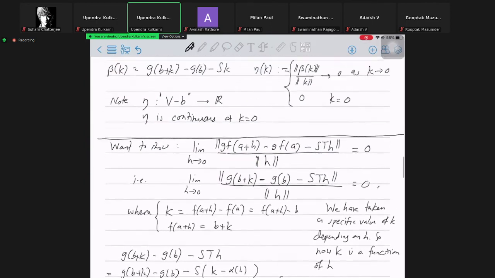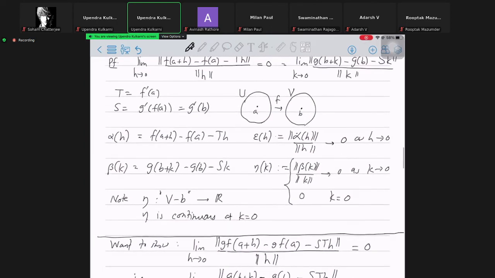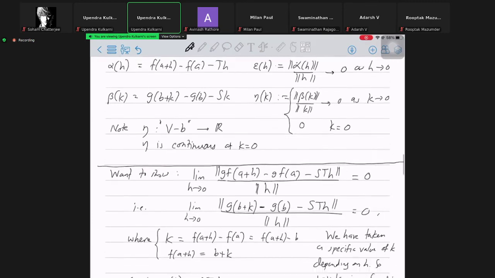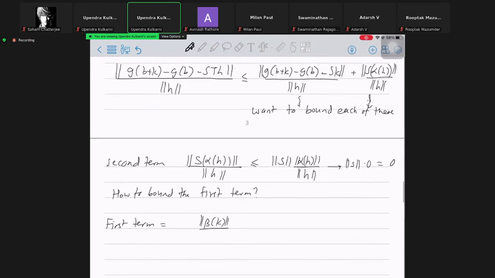Remember, it's the error term, what I'm calling the error term. Beta of k is g of b plus k minus g of b minus S k. That's exactly what I have. So what I have is the ratio beta of k to norm h, not to norm k. Right? And I want to show that this goes to 0.